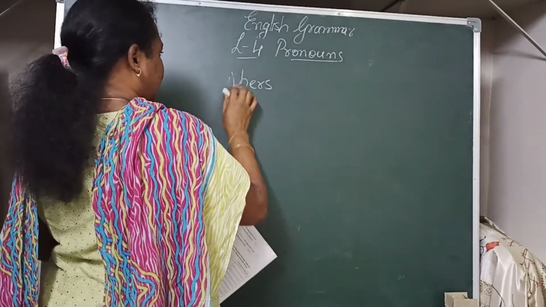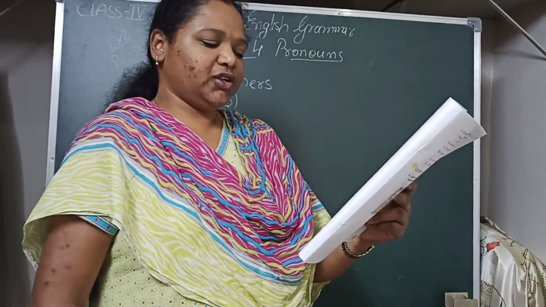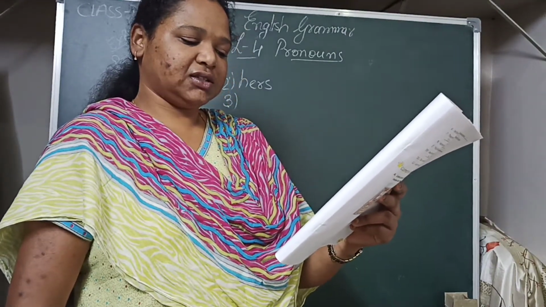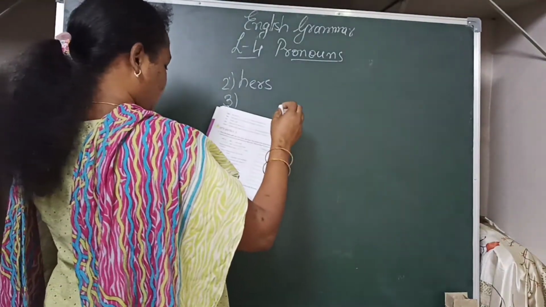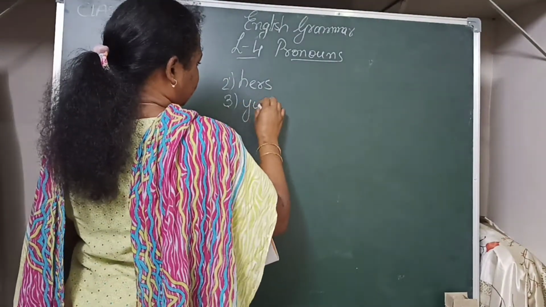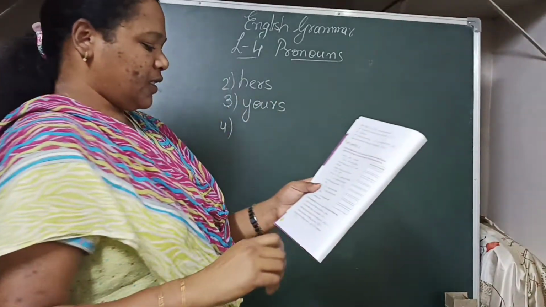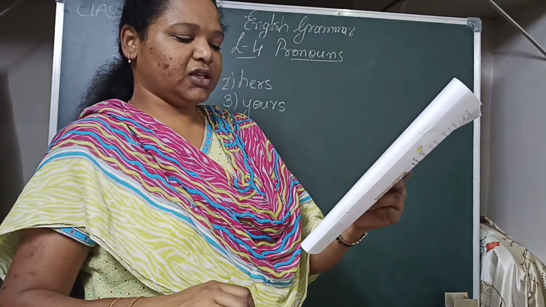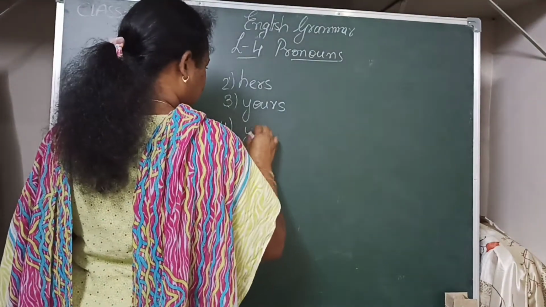Third one, Rahul and you will share the pizza. This is his share and this is yours. Fourth one, I will bring my storybook in the evening, don't forget yours.